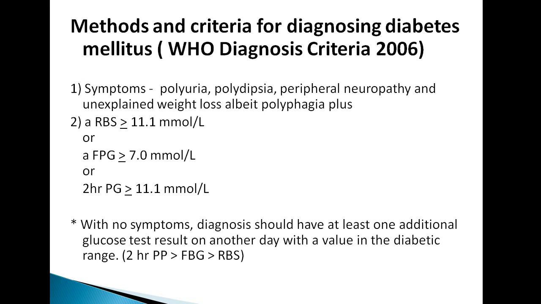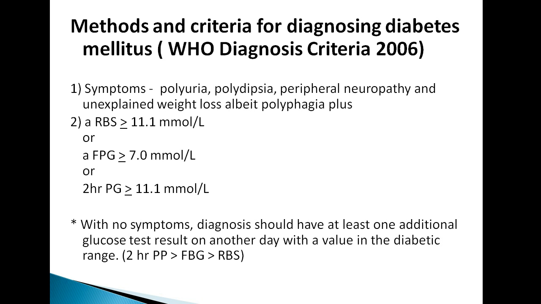So there are methods and criteria for diagnosing diabetes mellitus. If you have symptoms suggesting diabetes mellitus such as polyuria, polydipsia, peripheral neuropathy and unexplained weight loss plus polyphagia, with the results of random blood sugar more than 11, fasting more than 7 and 2 hours more than 11, you are diagnosed with diabetes mellitus.